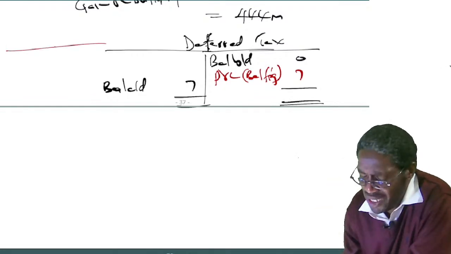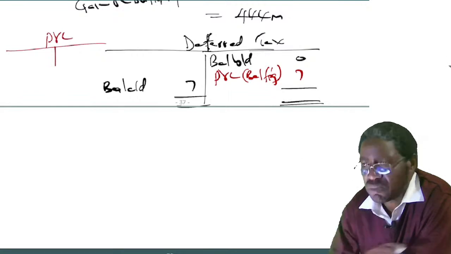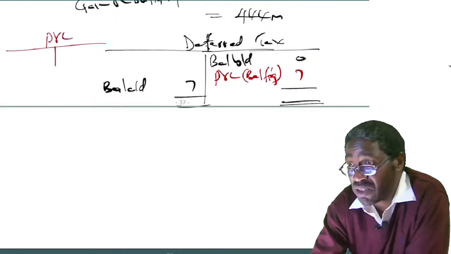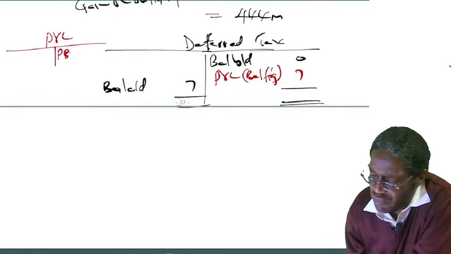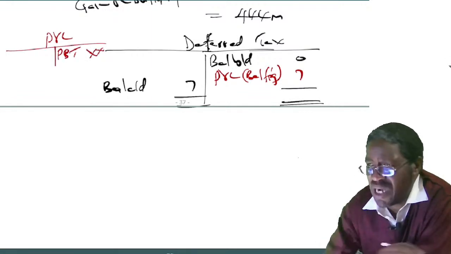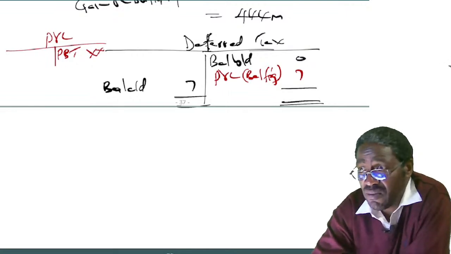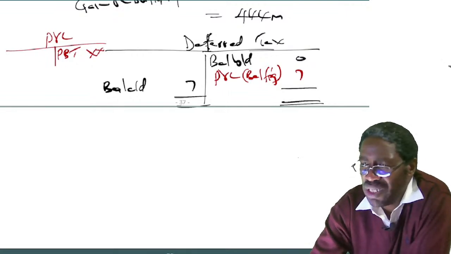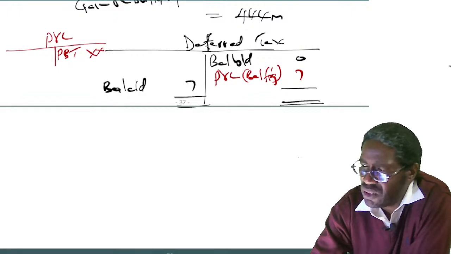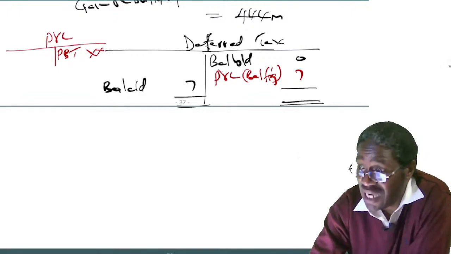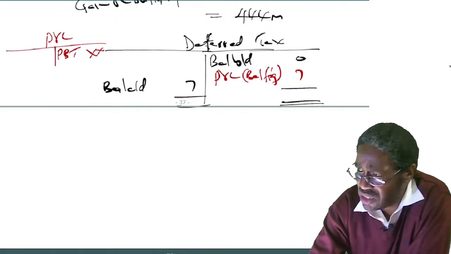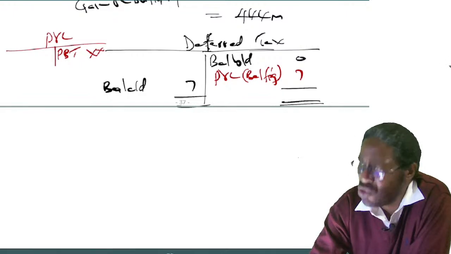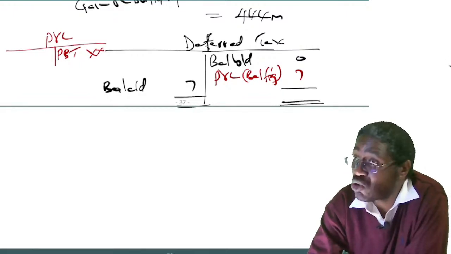If you look at the P&L account in a T format, we said normally profit before tax is always a credit balance. Then I told you it is out of that profit that we normally pay taxes. So whatever is the corporation tax or the current tax, normally it should be paid out of it.